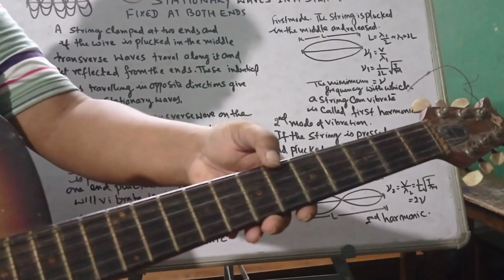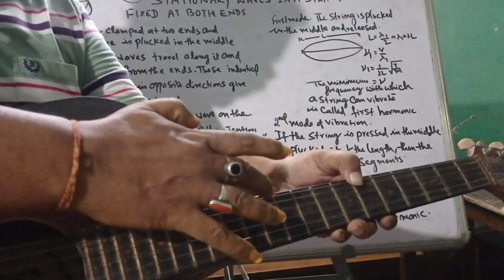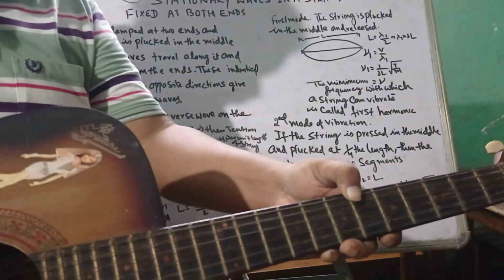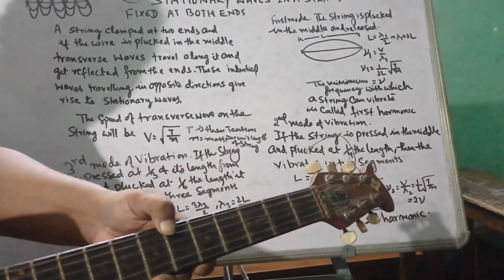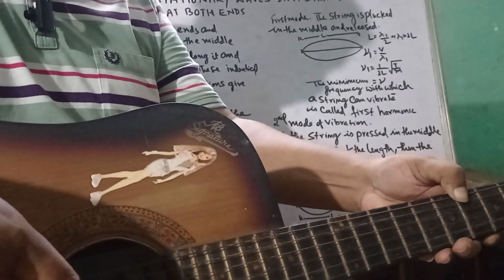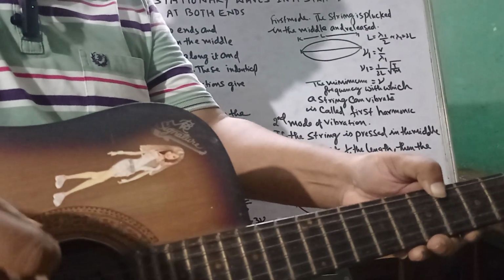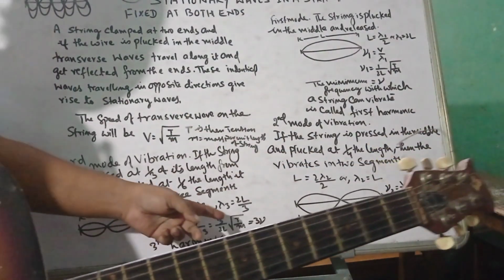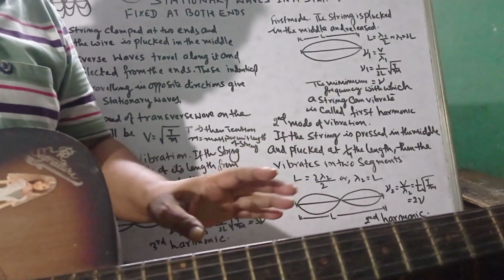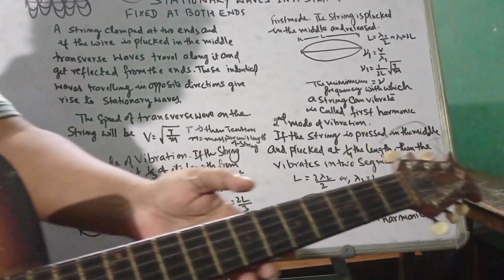So I am pressing here, and now I divide it into six equal parts: one, two, three, four, five, and six. Now if I pluck at one sixth of the length, then your vibration becomes thrice. Because this wire is not tuned, you might have heard a different sound, but this is what happens.